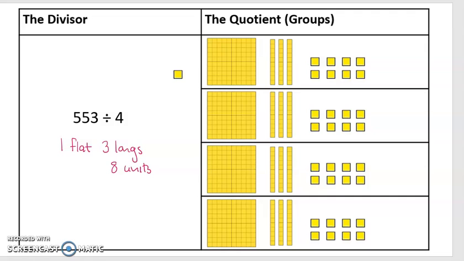And there's one piece remaining, so there's one little remainder. So that says that 553 divided by 4 equals 138, remainder 1. And that's how you use base 10 blocks to model division.